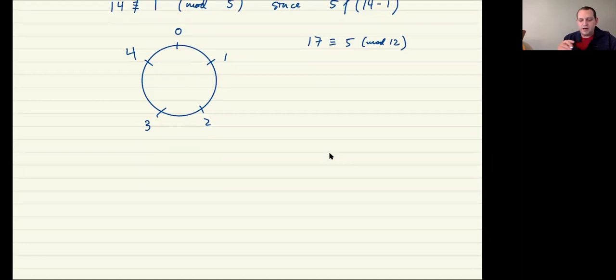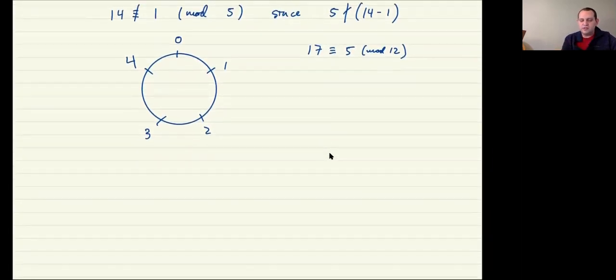Well, we want m to be positive just so that things don't get silly. But also, we don't want m to be 1, because then everything would be congruent. We know that 1 divides everything, for all x. That's one of the propositions that we proved. 1 divides every integer, so everything would be congruent mod 1. Mod 1 isn't really saying anything. Okay, so that is what it is there.